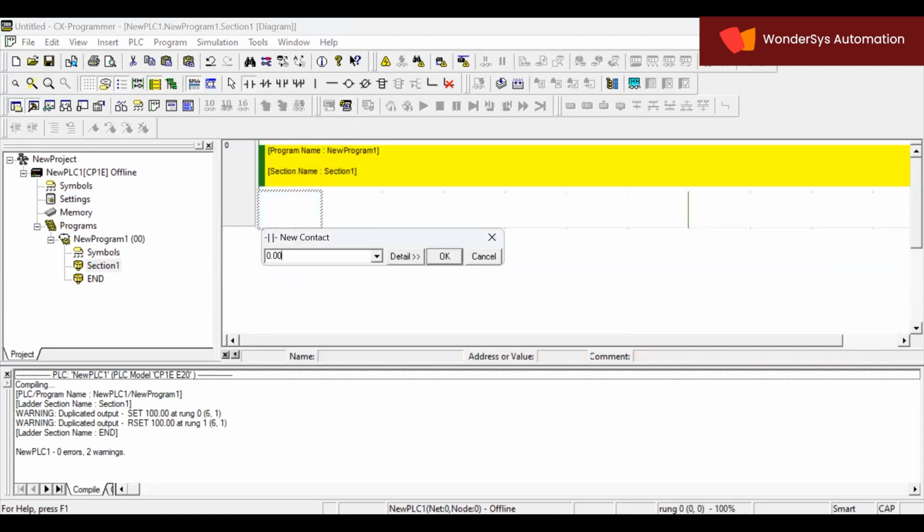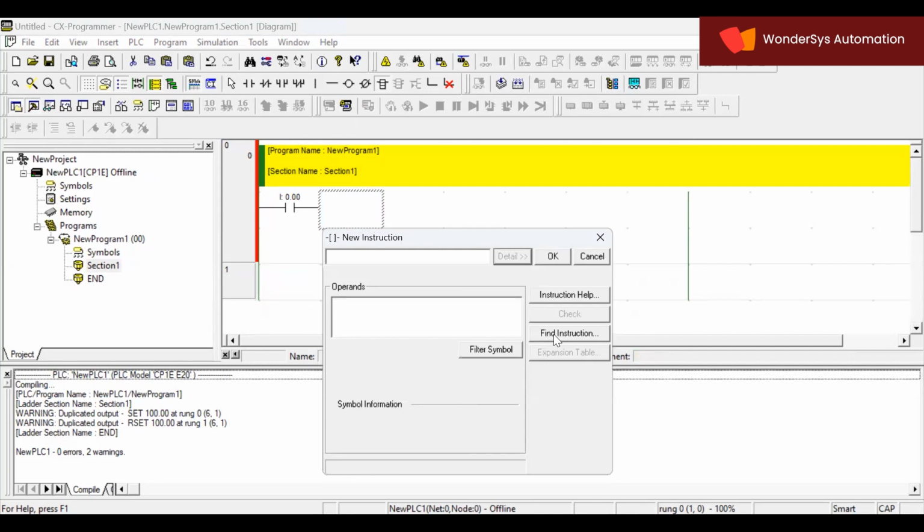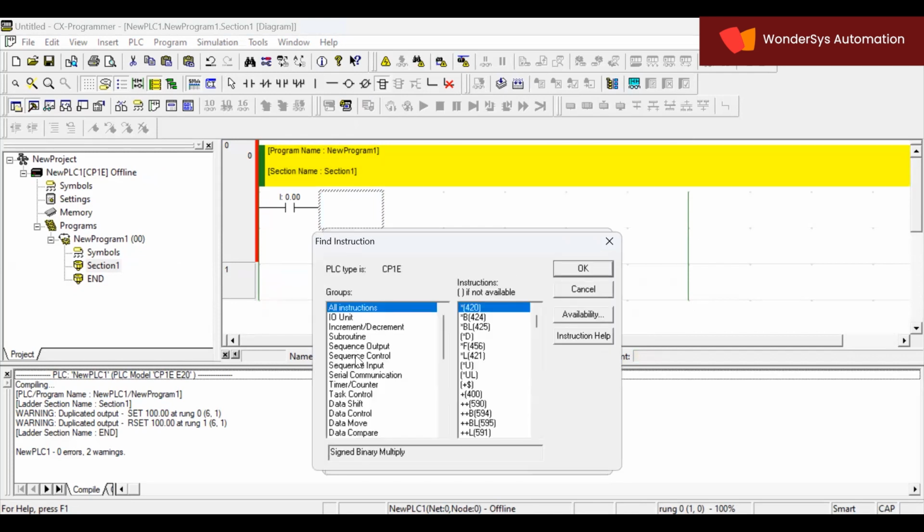Select this, then go to the function block. Select this one, place it. If you know the command, directly type the command, give a space, then the address. If you don't know the command, go to details, go to find instruction. Here you want the output, correct?